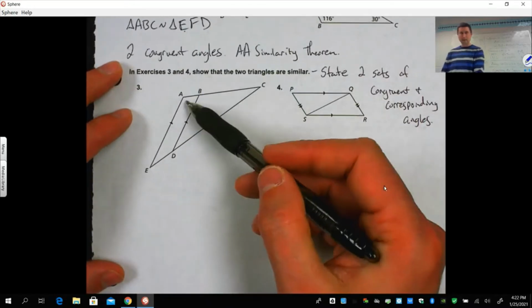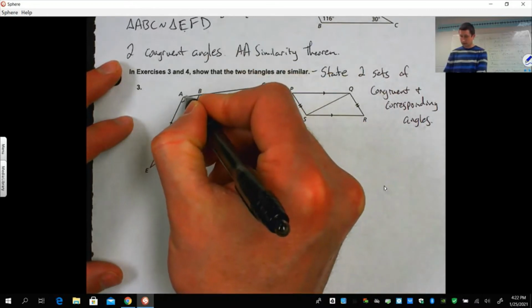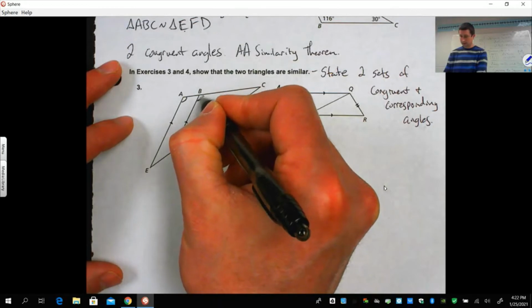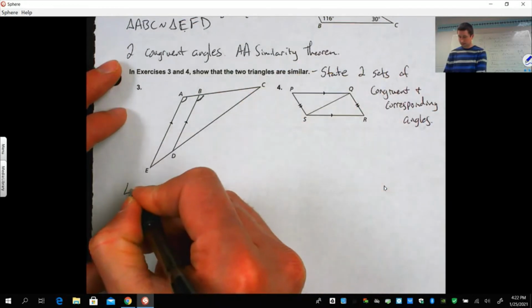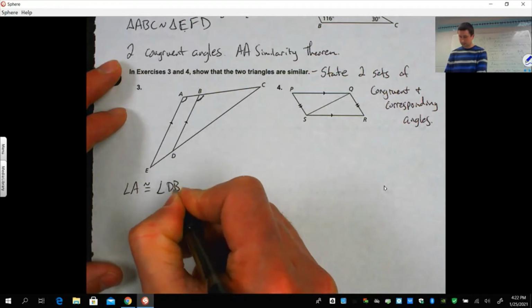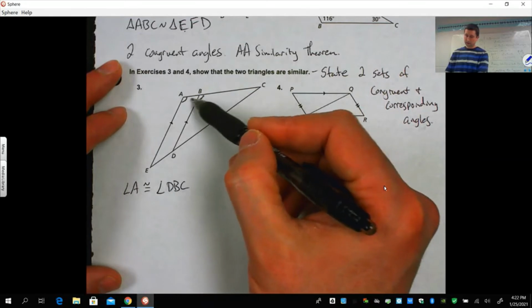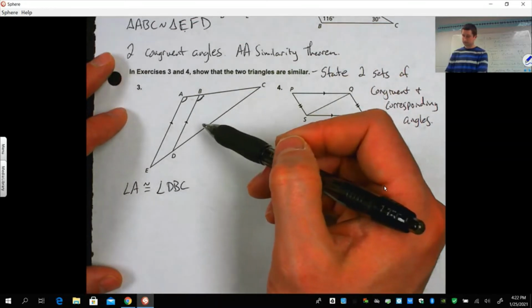Okay, so this is the diagram we saw earlier. We have parallel lines. We know that angle A has to be congruent to angle DBC. Notice I used 3 letters for that one because there's 2 angle B's. Angle A, that's the only angle.